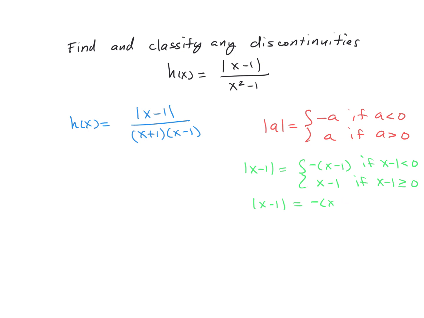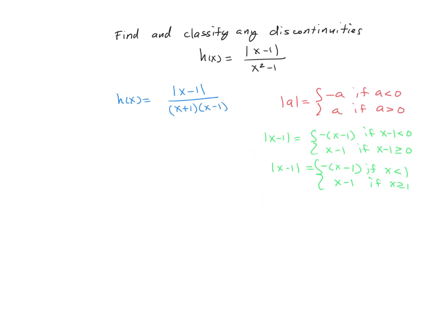and that's going to be true if x is less than 1, or just simply x minus 1 if x is greater than or equal to 1. So we actually have a piecewise defined function here instead of an absolute value function. So let's rewrite this h of x.